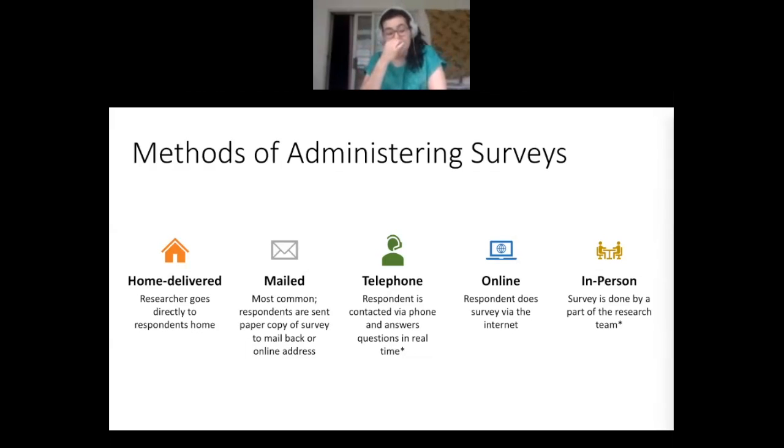Then there are mailed surveys, where people get a survey in the mail with a postage stamp to send the survey back to the researchers. Then there's surveys done via telephone.